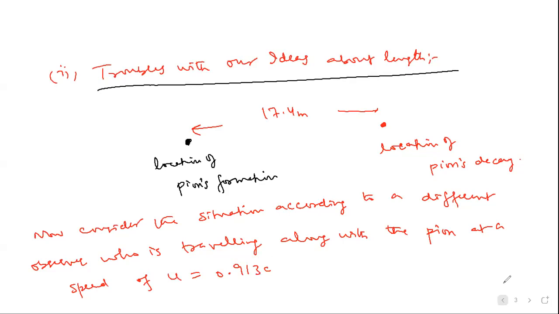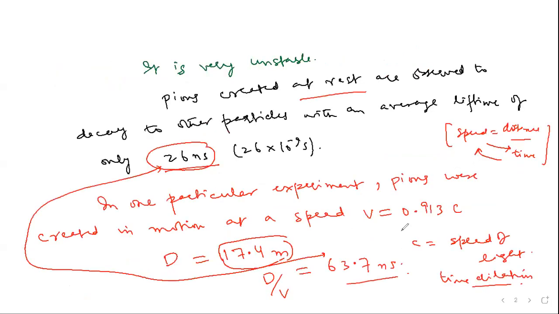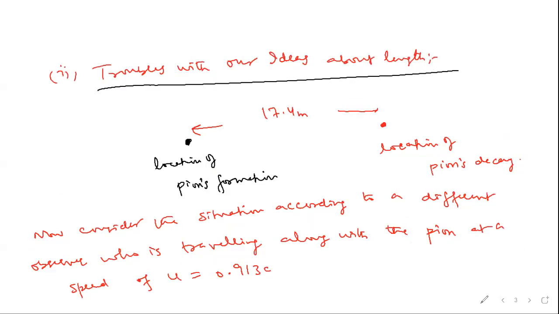This is the same speed as that of the pion with respect to the laboratory, right? Now this observer, to whom the pion appears to be at rest, because the observer is traveling with the pion. That means the pion is at rest relative to this observer.